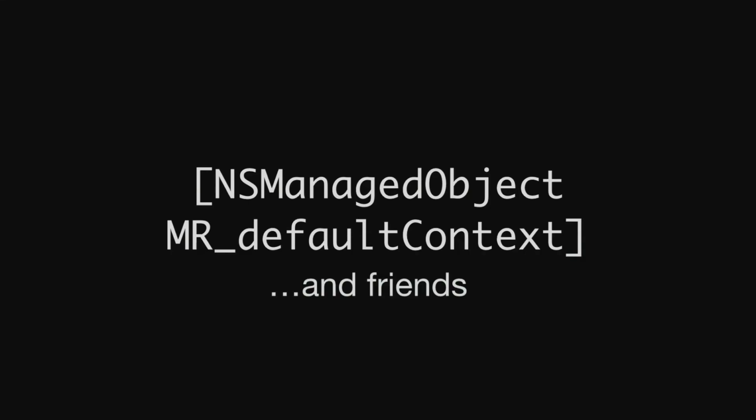The other thing was the default context was attached to NSManagedObjectContext. It was attached to this class as a static object that just lived throughout the lifetime of your app, and you have this class method as a way to conveniently access the default context. There were other things like the default model and the default store coordinator.